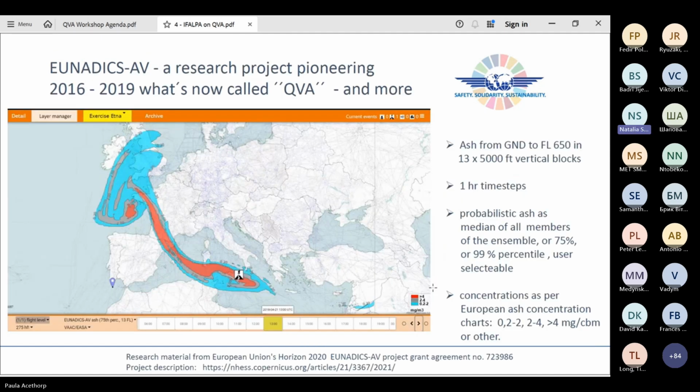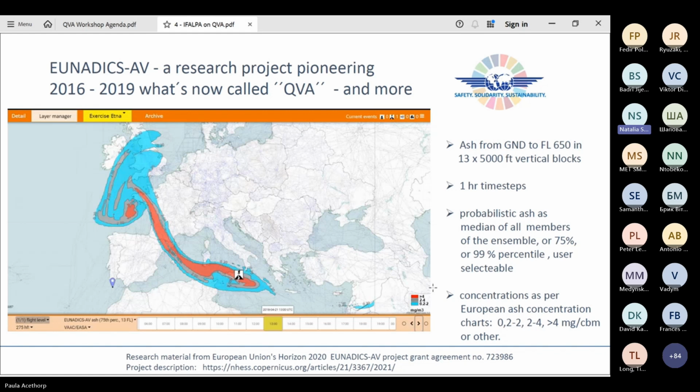Now we come to another stage. Raimund already mentioned the EUNADICS-AV research project that was from 2016 to 2019. From my perspective, as a non-researcher, it was a huge project. It brought together lots of research capability from Europe.